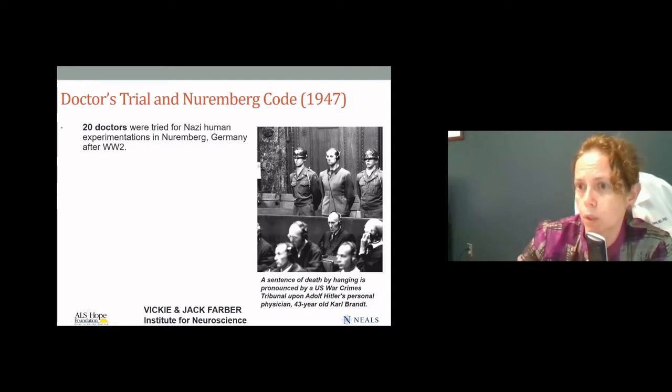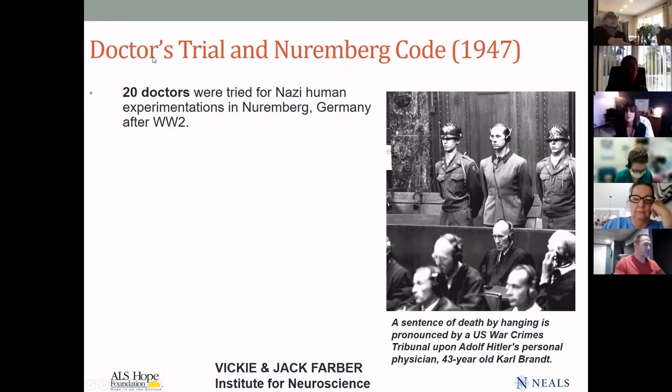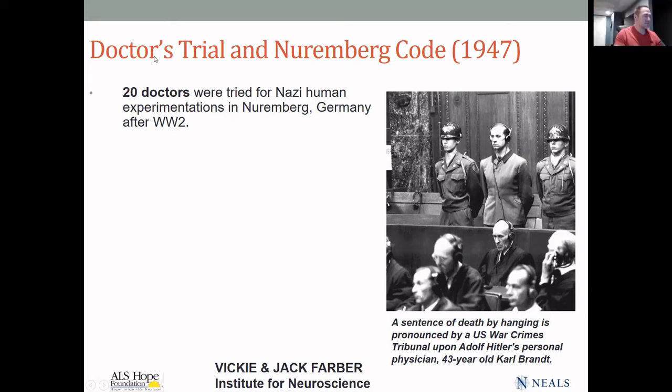In order to get some justice back, there was a trial that happened in the German city of Nuremberg. And that's why the code is known by that name, the Nuremberg Code. It's also known as the Doctors' Trial. So 20 doctors were tried for the experimentation in the camps.